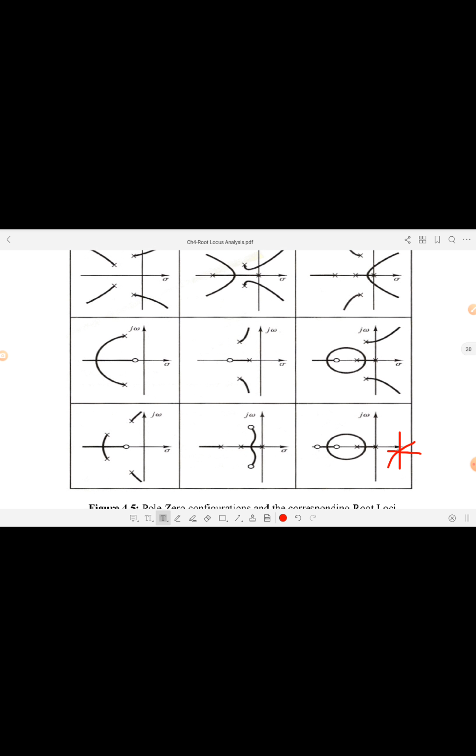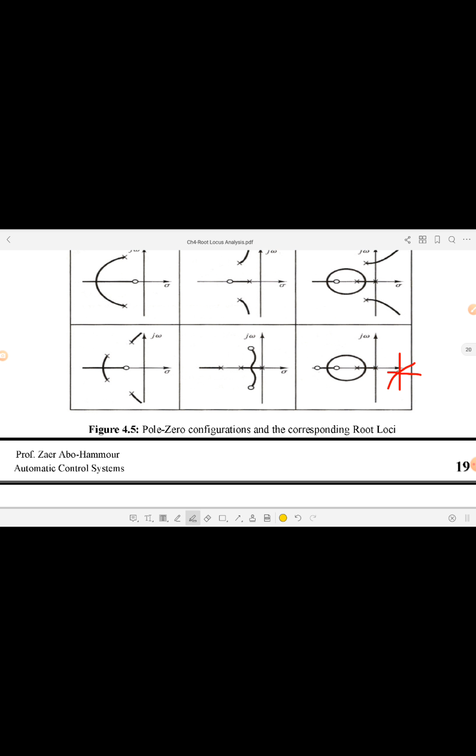Okay, and the other figure that I will discuss is this figure. In this figure, as we see here, there is a breakaway point, because we have 2 adjacent poles and the segment between them is part of the root locus, and the root locus should depart this point with 90 degrees and minus 90 degrees angles, and it should arrive at this point, which is the break-in point between 2 adjacent zeros.